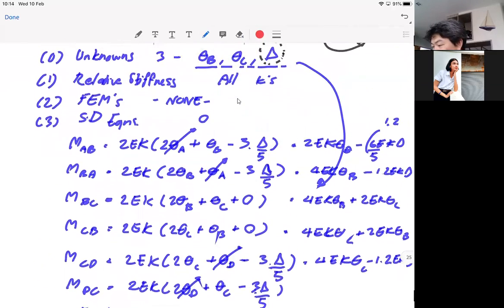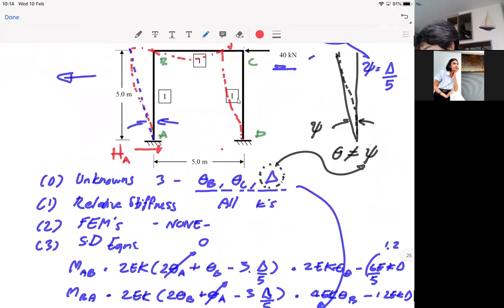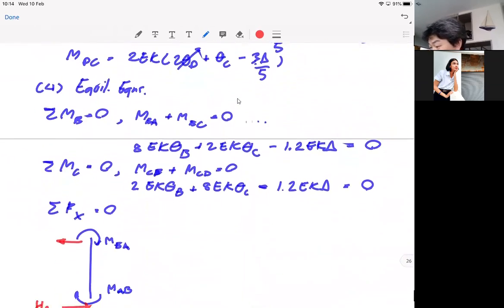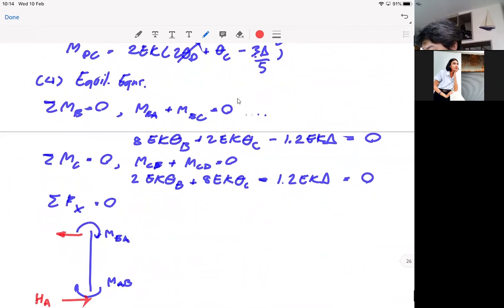So when you have HD here, that means you can now write your sigma Fx equal to 0, right? That becomes HA plus HD minus 40 equal to 0.